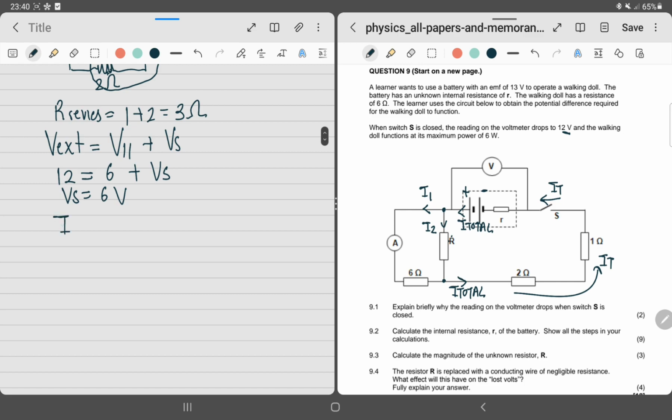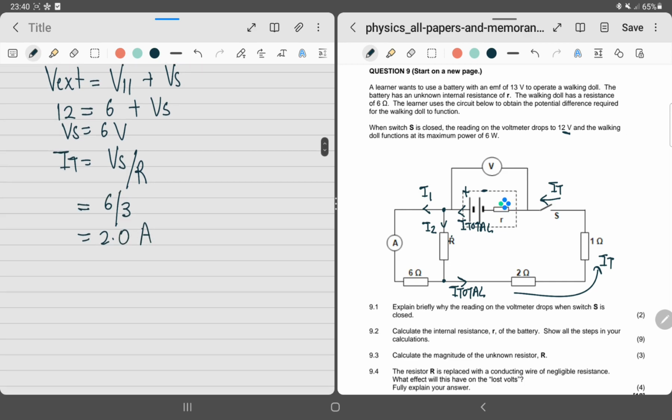So I total should be equals to V series all over R. So the V series is 6, and then the R series, it's 3. Okay, so the total current is 2 amperes.